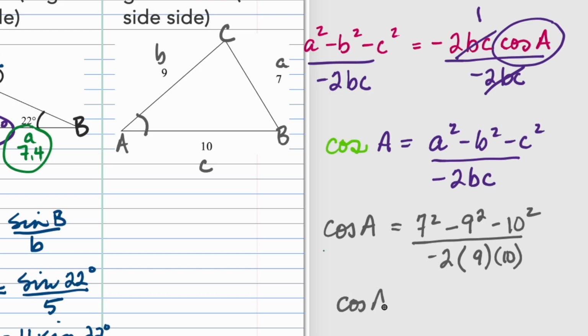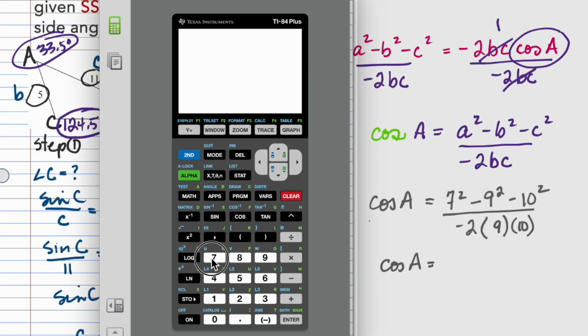Cosine of a is 7 squared minus 9 squared minus 10 squared equals, divided by, and I'll just put it all in brackets on the bottom, negative 2 times 9 times 10, close my bracket, equals, and then I need to do the inverse.